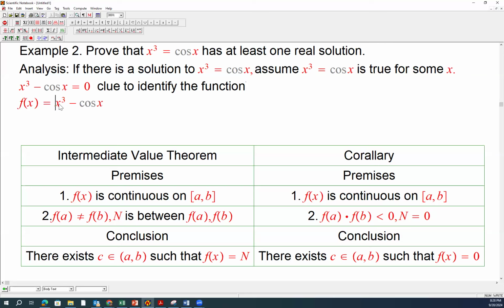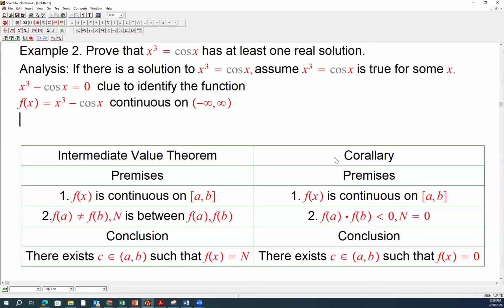It looks like we have a polynomial and a trig function, they're continuous, so this function is continuous on the entire number line. And of course, it will be continuous on any closed interval that we find. So we have identified that. Continuity is not a problem.